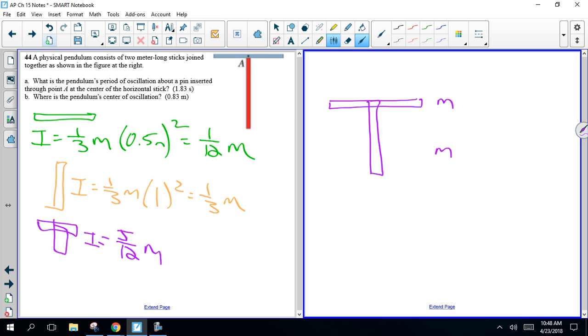So if I want to find the height of my center of mass, and I call the top a height of 0, do you guys see where this is going or no? Yeah. So tell me what to write. To deal with the top piece, I'm going to use, you guys remember how to find the center of mass? xm plus xm over the total mass.